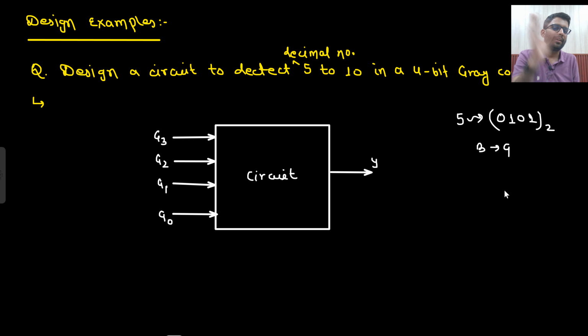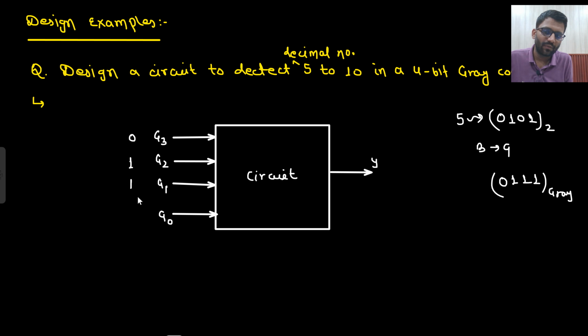So the first bit stays 0, then 1 XOR 0 is 1, 0 XOR 1 is 1, 1 XOR 0 is 1. So this will be your gray code equivalent: 0, 1, 1, 1. So if your inputs are 0, 1, 1, 1, then this output will be high. This is what this circuit wants to say.